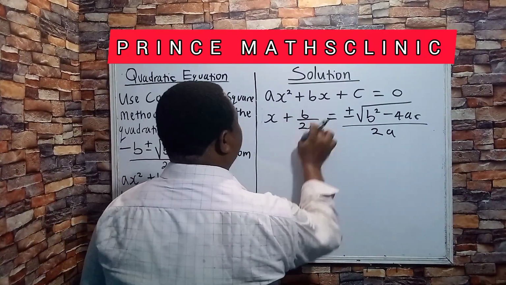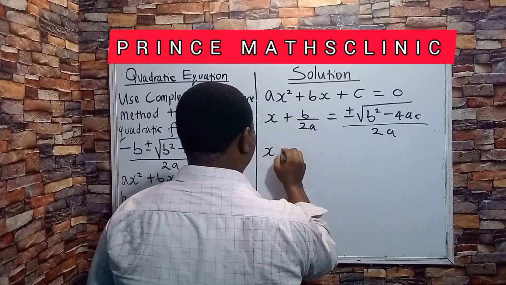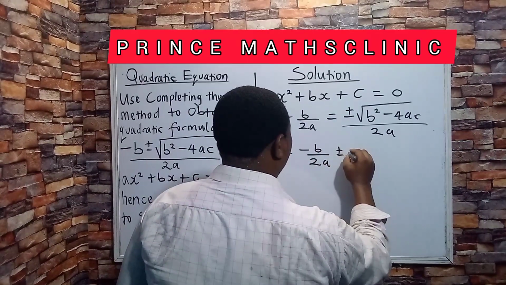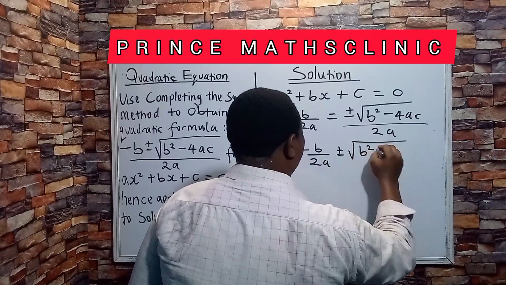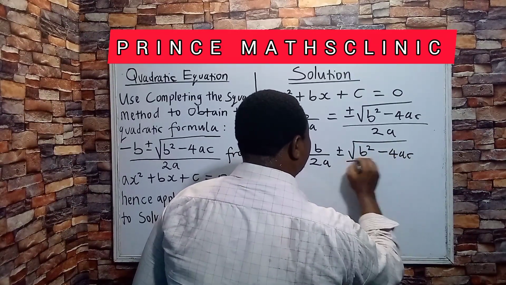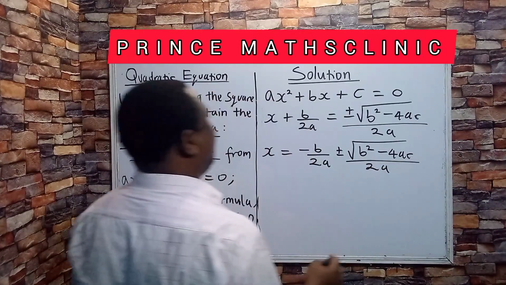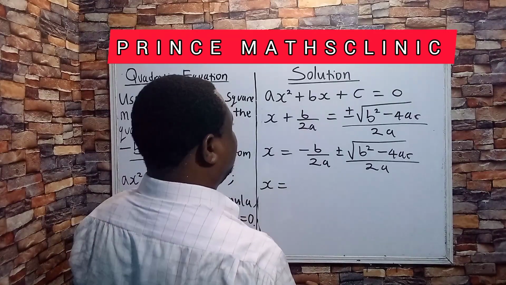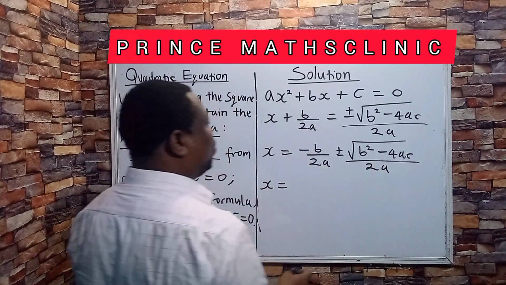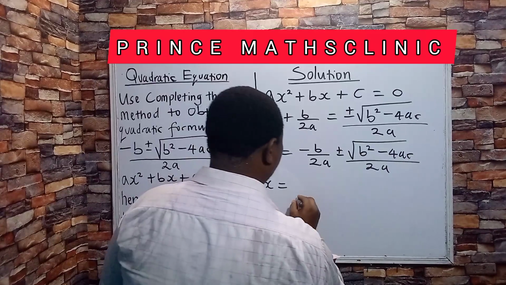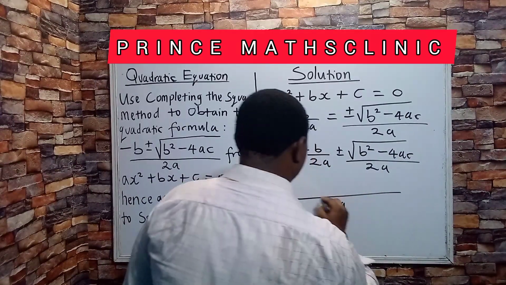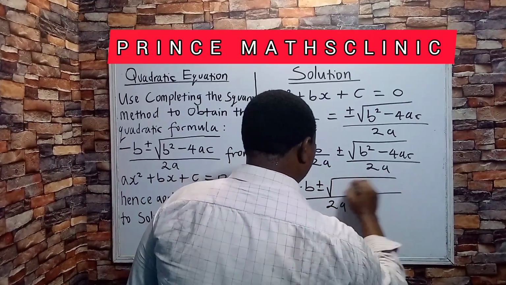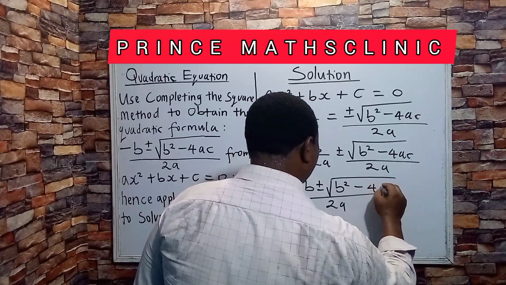Move positive b over 2a to the other side. So x is equal to minus b over 2a plus or minus the square root of b squared minus 4ac over 2a. These denominators are the same, so add the numerators: x equals minus b plus or minus the square root of b squared minus 4ac, over 2a.